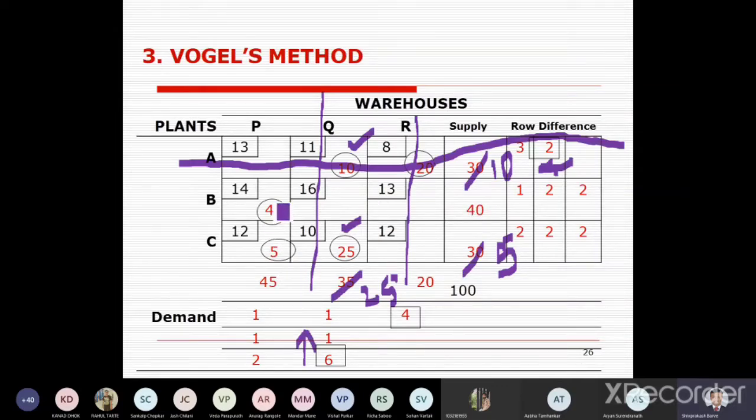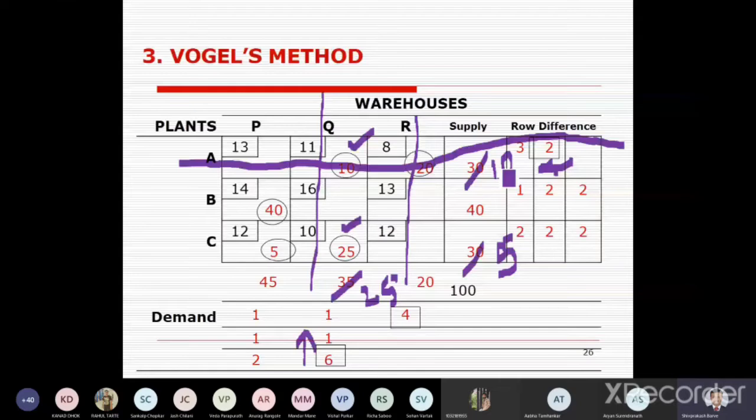So like this, we have to use Vogel's approximation method. In this method we have considered the penalties, that is the difference between the minimum cost and the second minimum cost, and wherever the penalty is highest, from that point we allocate units either in the row or column.